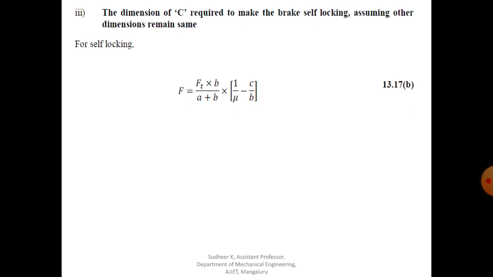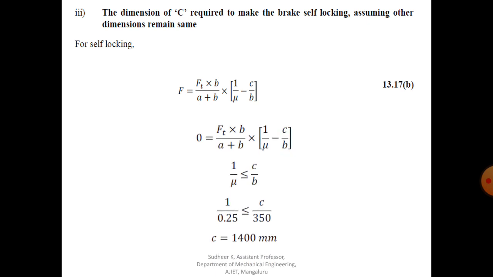Now the third question, the dimension of C required to make the brake self-locking, assuming other dimensions remain the same. For self-locking you have to use the same equation 13.17b. For self-locking the F value will always be 0, with all other values remaining the same. You need to find the value of C. So Ft into B, A plus B, you have to bring to this side, so it will be 0.